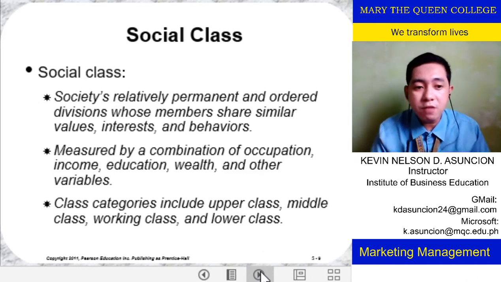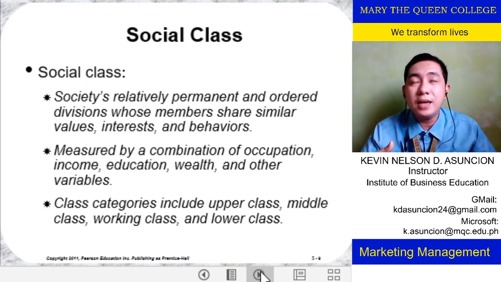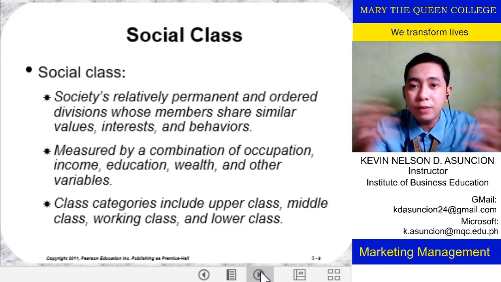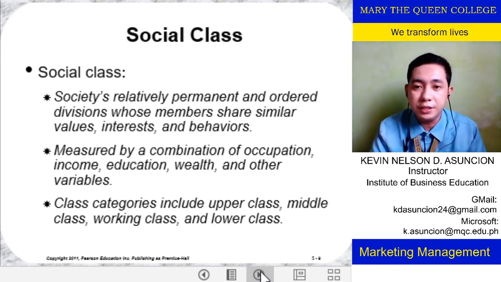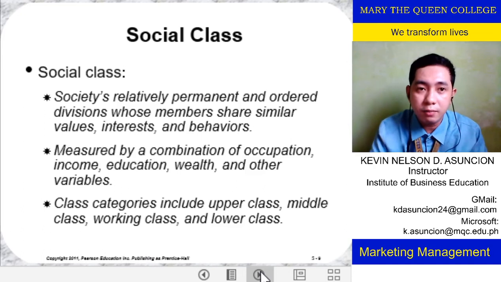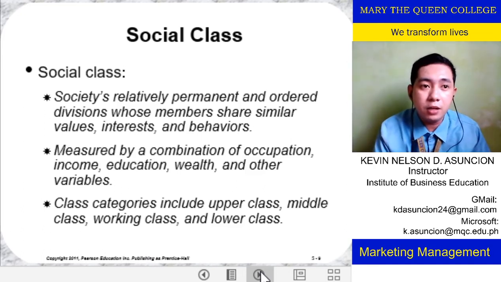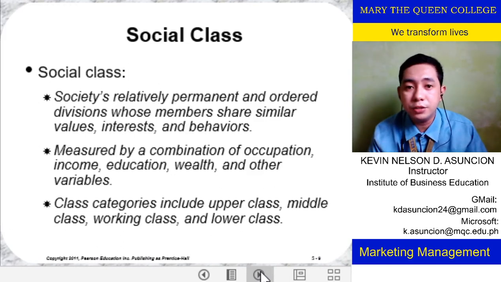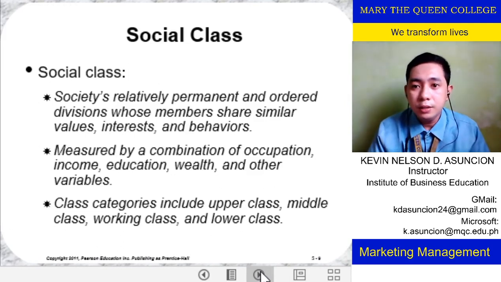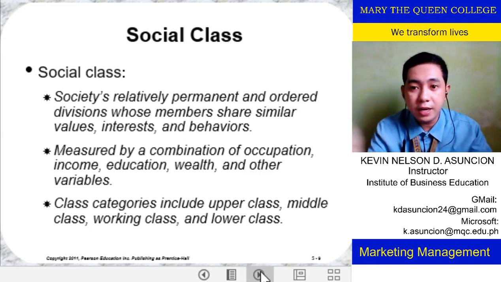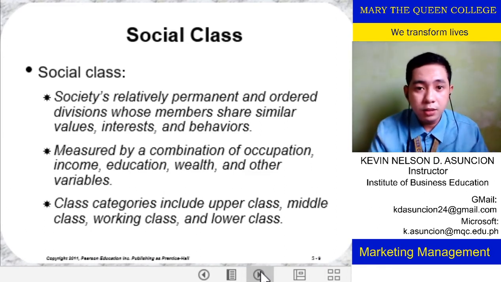So our behavior also depends on how we react to certain products and services offered in the market, and their marketing strategies may also depend on the influence of the social class where you belong. So syempre kung galing ka sa nakakababa, yung pwede na yan, basta magagamit lang, di ba? So that affects your behavior.